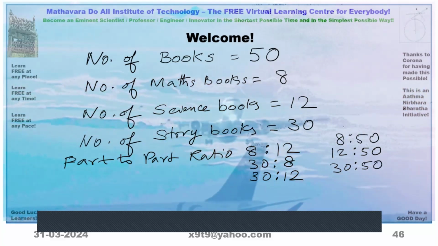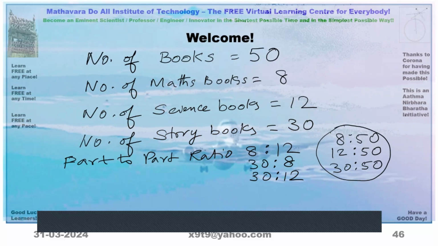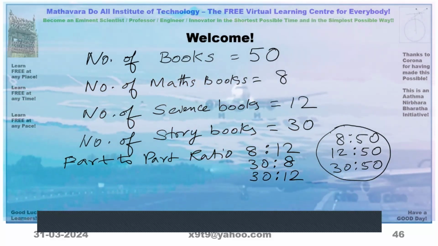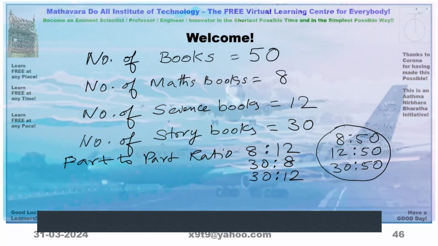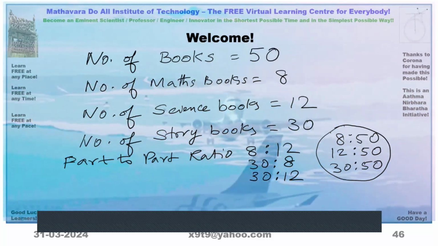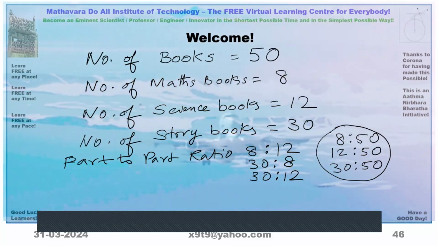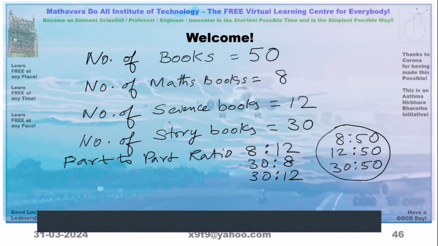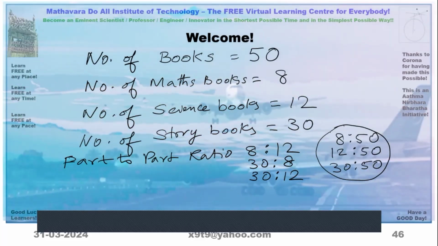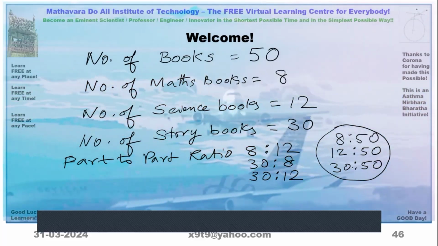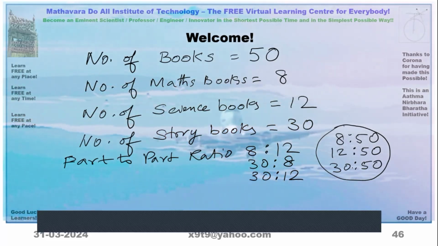Now, these numbers we can express using lowest magnitude integers by dividing both sides by the greatest common factor. So what is the greatest common factor here between 8 and 50?